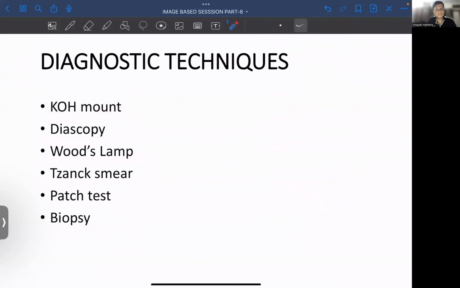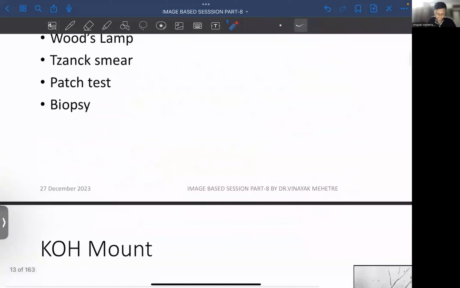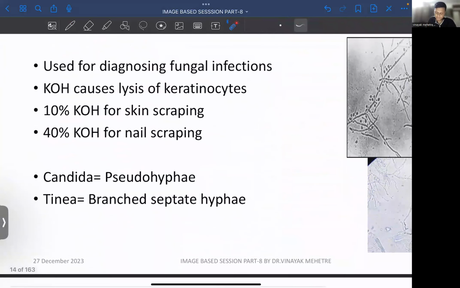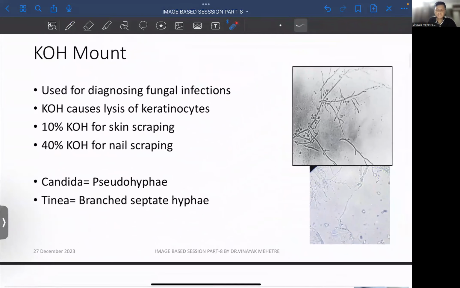Okay, these are the commonly used test. Okay, first one is KOH mount. KOH mount. Now tell me, what is the difference between KOH mount and fungal culture? We have used this in COVID era as well.